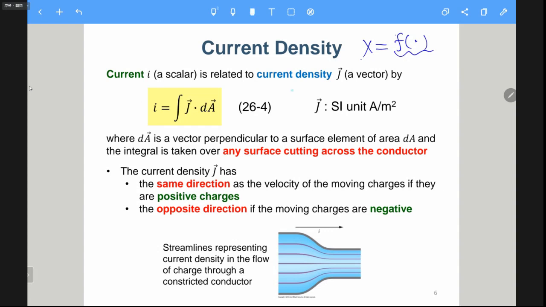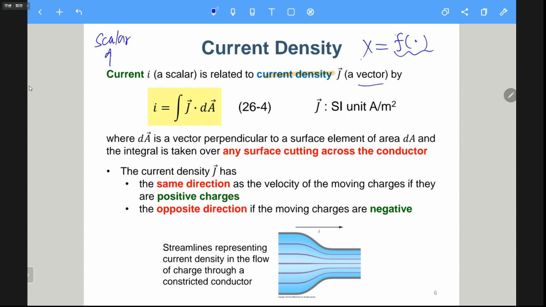So here we define the current density J, which is a vector. I is not a vector. Current is a scalar. Although you can talk about the direction of a current, current is a scalar. This is a vector.